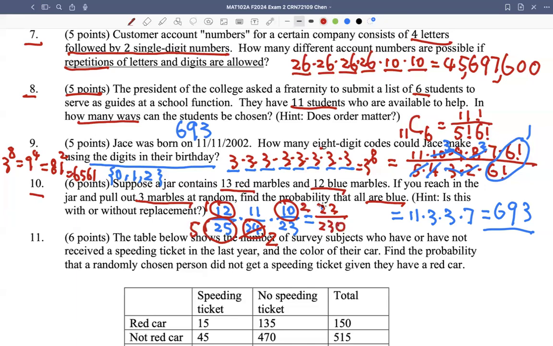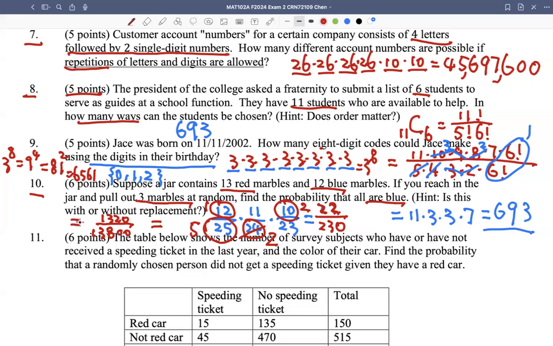All right. If this is troublesome for you to see, what you can do is calculate the numerator, right? You get 1,320. Then divide by the denominator. For the denominator, you do 25 times 24 times 23, and you get 13,800.